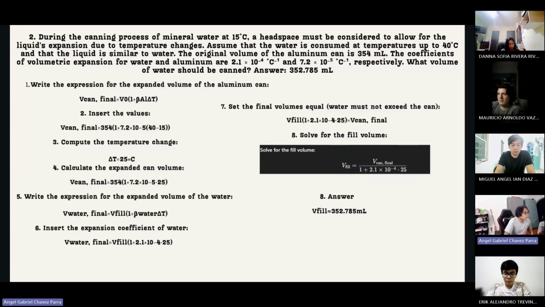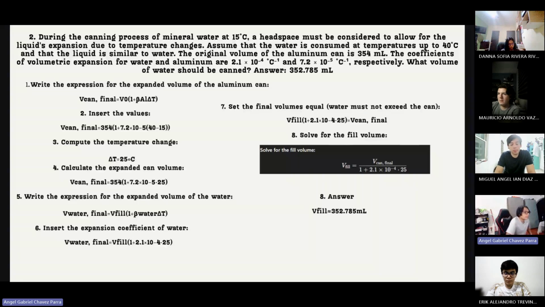5. Write the expression for the expanded volume of the water: V water final equals V0 times 1 plus beta water delta T. 6. Insert the expansion coefficient of water: V water final equals V0 times 1 plus 2.1 times 10 to the minus 4 times 25. 7.